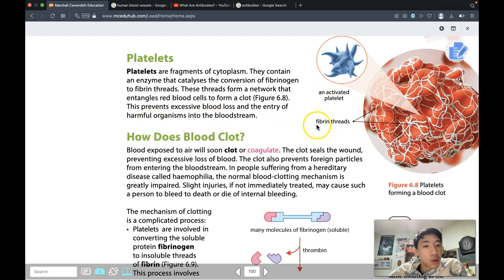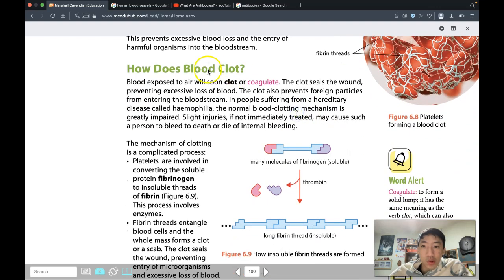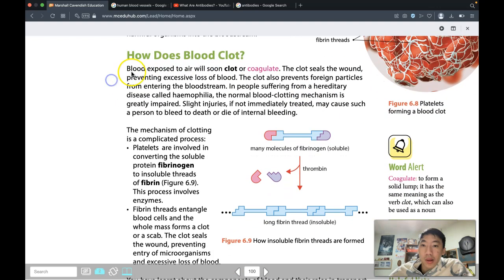Okay, so let's say you are riding a bicycle and you fall down, you scrape your elbow, blood starts to flow out, right? Now, if your blood keeps flowing, that will be bad because you're going to lose all your blood and then you will die. Okay, so our body has developed this system of blood clots. Basically, when there's an injury, our body recognizes that there's an injury, so it wants to create this blood clot.